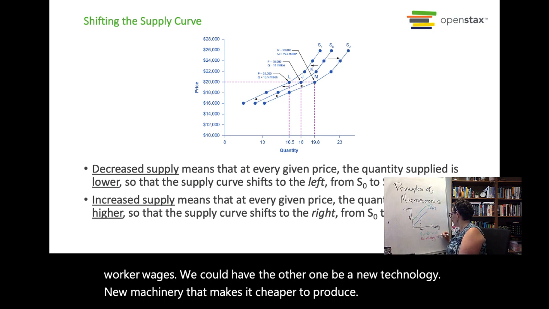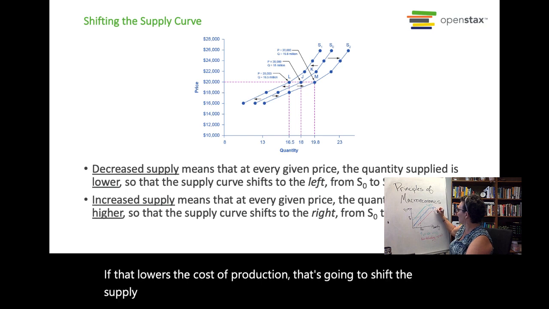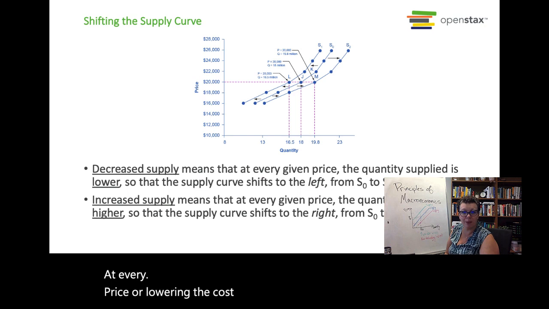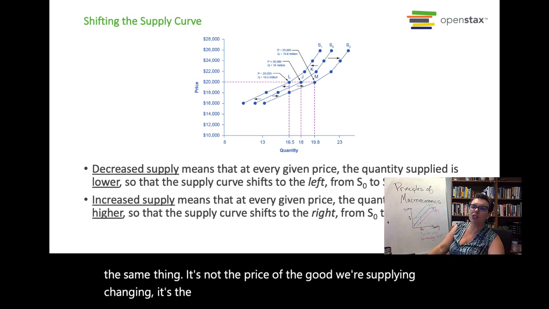If that lowers the cost of production, that's going to shift the supply curve out, lowering the cost at every price, or lowering the cost at every quantity supplied. And so it's the same thing. It's not the price of the good we're supplying changing, it's the underlying costs.